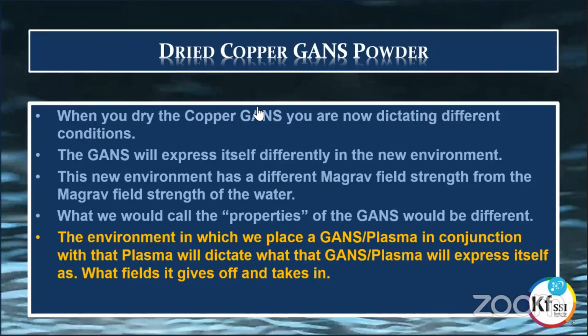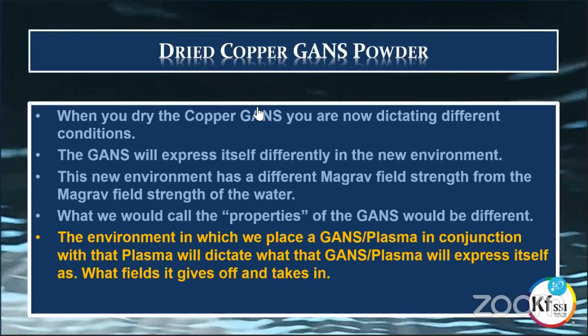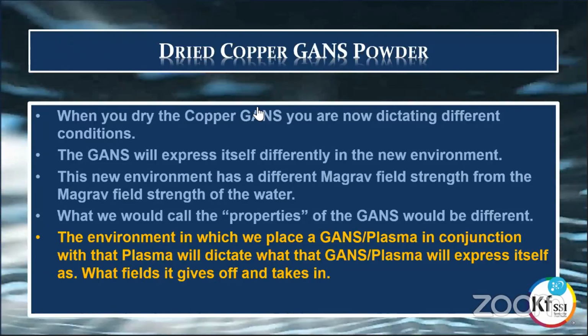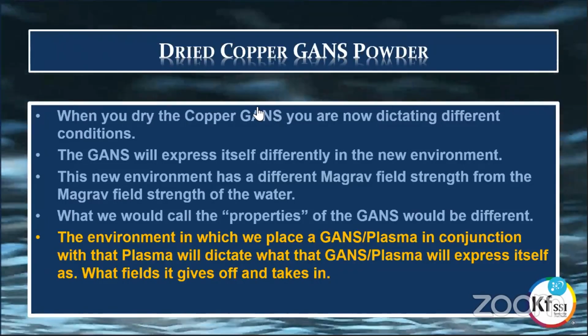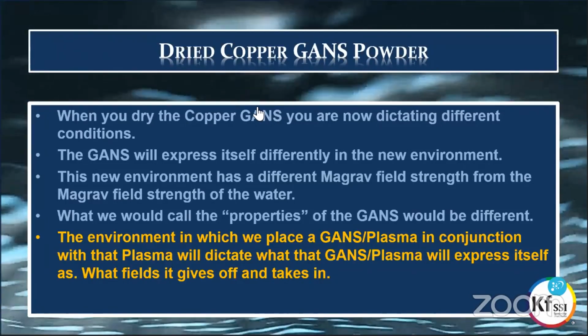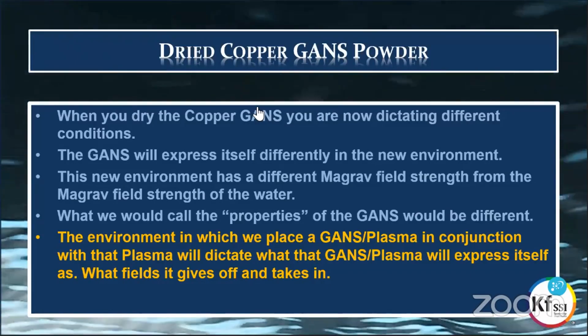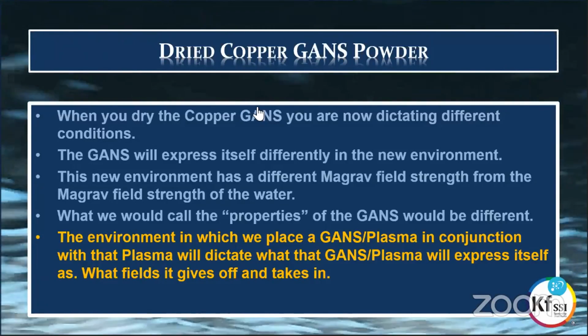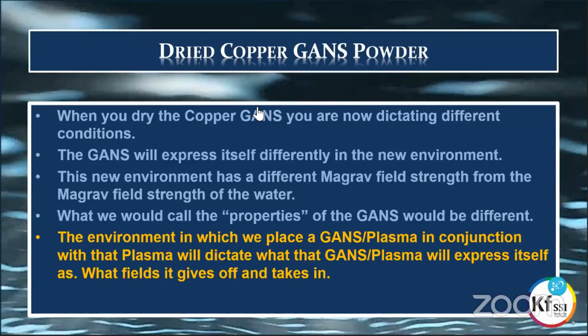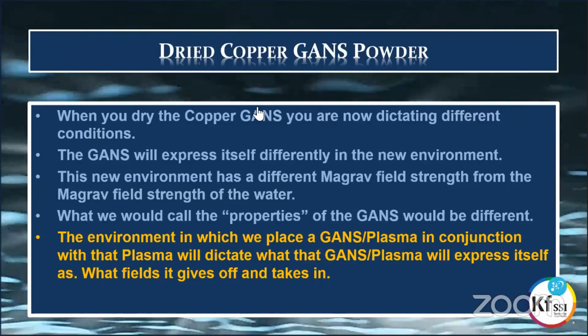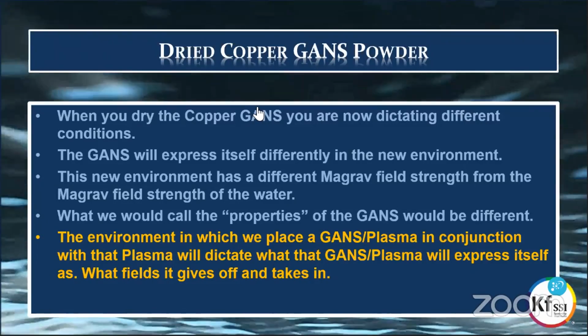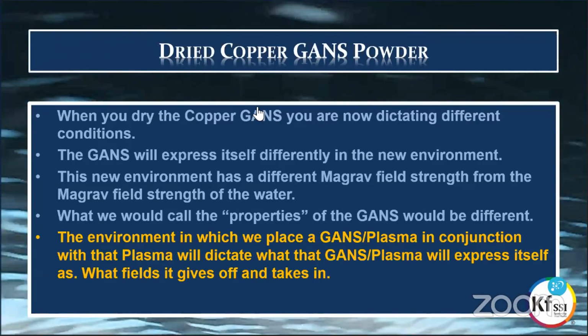And this is important to understand: when we have the GaNs in the water, it's the GaNs itself, in conjunction with its environment, which dictates the interaction and release of these fields. So we've understood we're imparting the fields of the GaNs into the water, and then you're drinking that water.